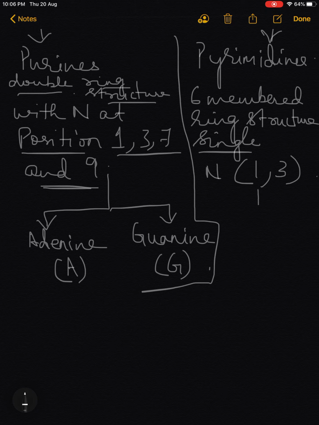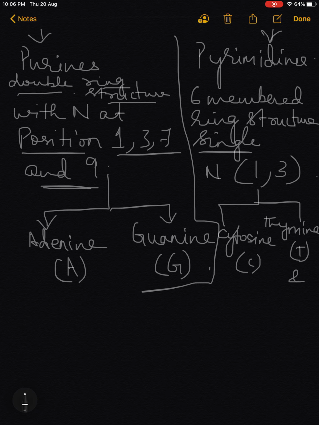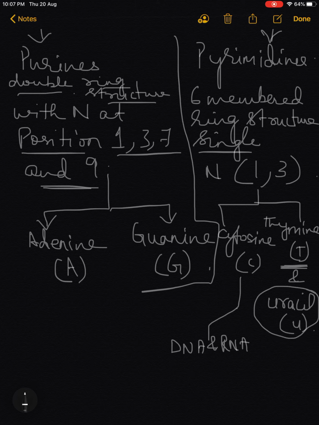There are two types of pyrimidine: one is cytosine, capital C, and the other one is thymine, capital T, and in case of RNA it is uracil, U. Cytosine is present in both DNA and RNA, but thymine is present only in DNA, and in RNA it is replaced by uracil. So these are about purines and pyrimidines.